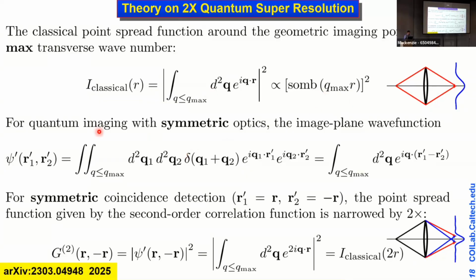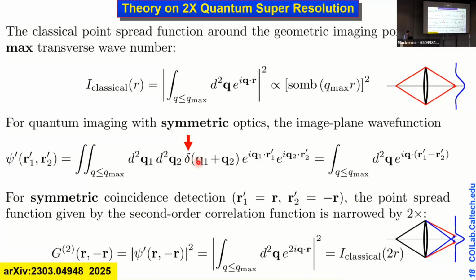Now, what's interesting is in quantum imaging, with the symmetric optics that we use for the wide field system, you have this joint wave function, which is an entangled state. So this delta function links the 2 photons in terms of the transverse momentum.